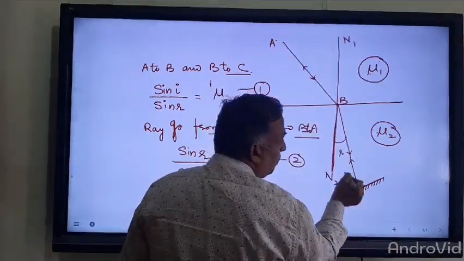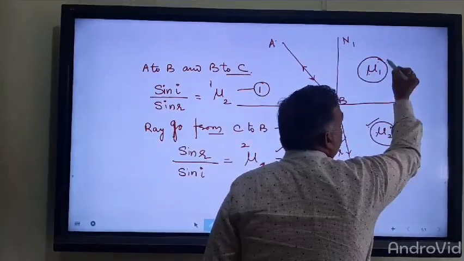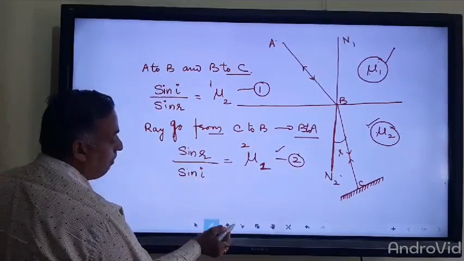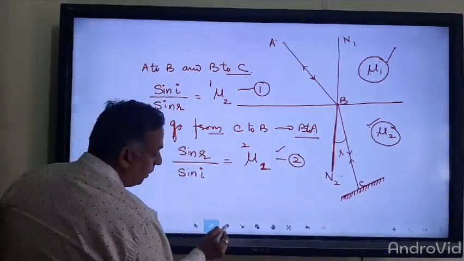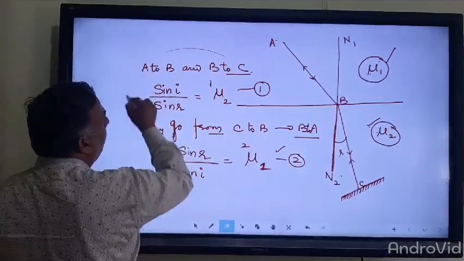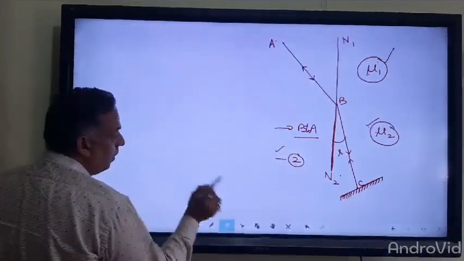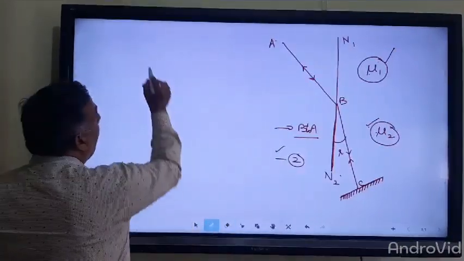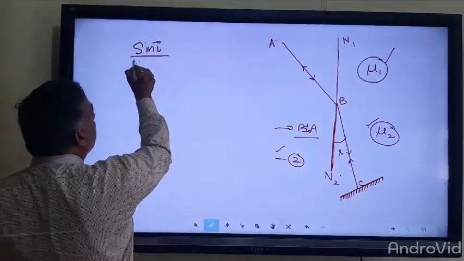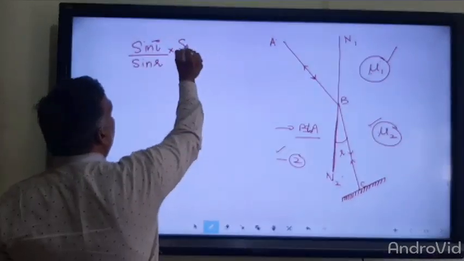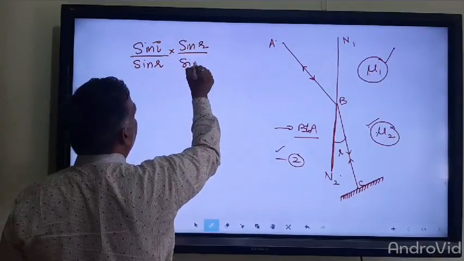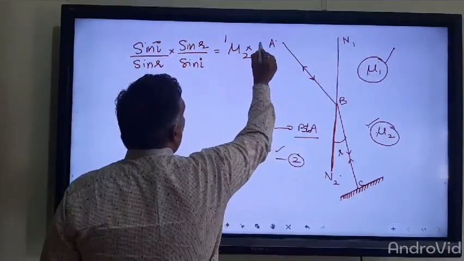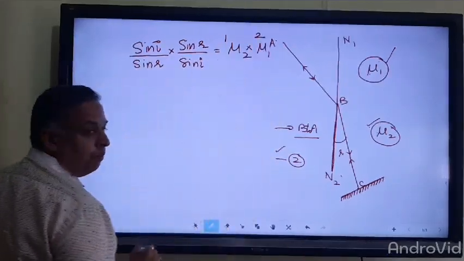When I multiply 1 with 2, sine I upon sine R times sine R upon sine I gives mu 2 with respect to 1 times mu 1 with respect to 2.